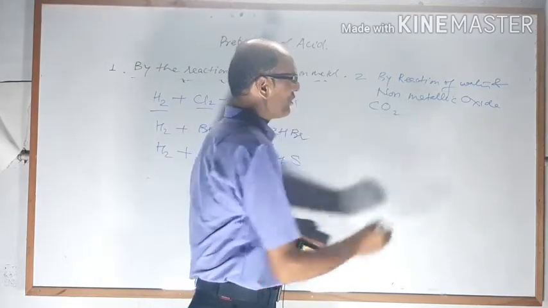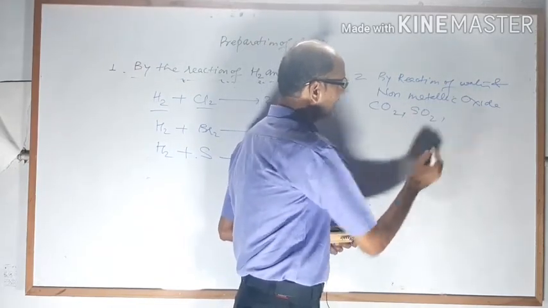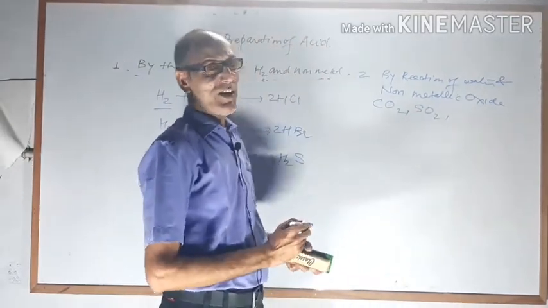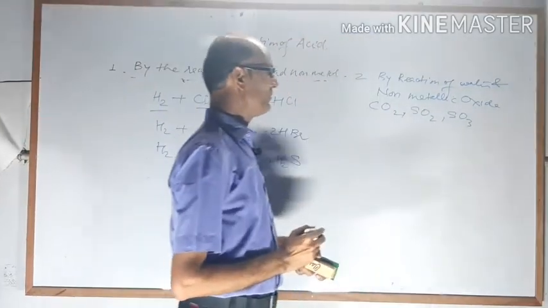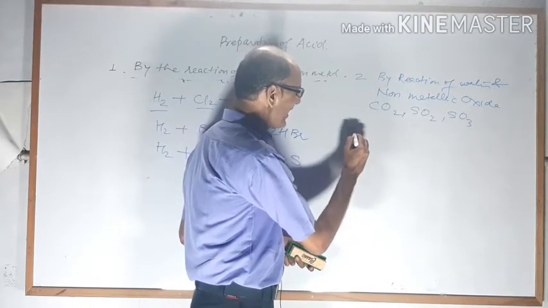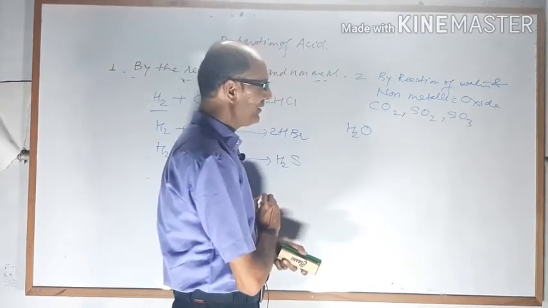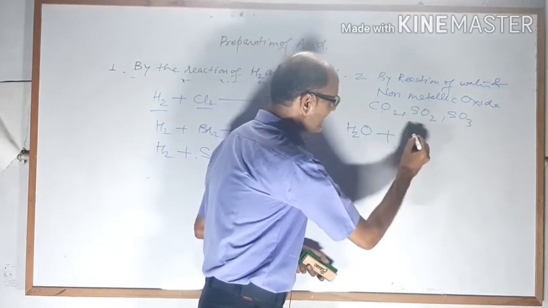This is an oxide of non-metal. SO2, this is also an oxide of non-metal. SO3, etc. So how will you write the reaction: H2O, this is water, and the oxide of non-metal, CO2.